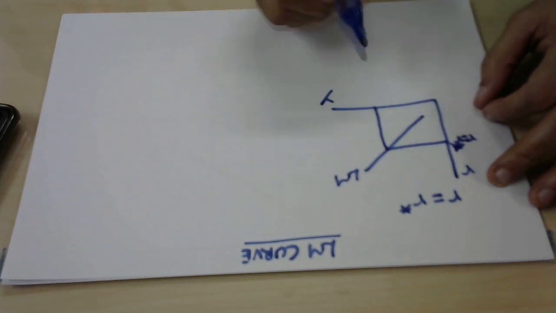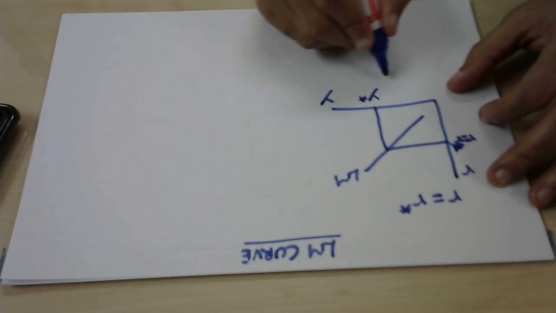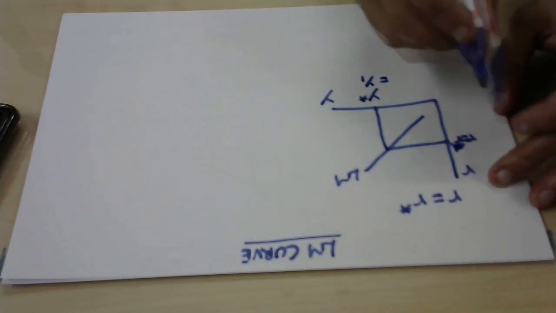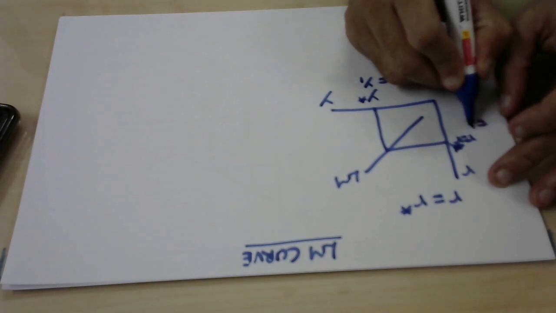Now at R star, the output that will be consistent is say Y star, or say Y star is equal to Y1, and R is suppose equal to R1.